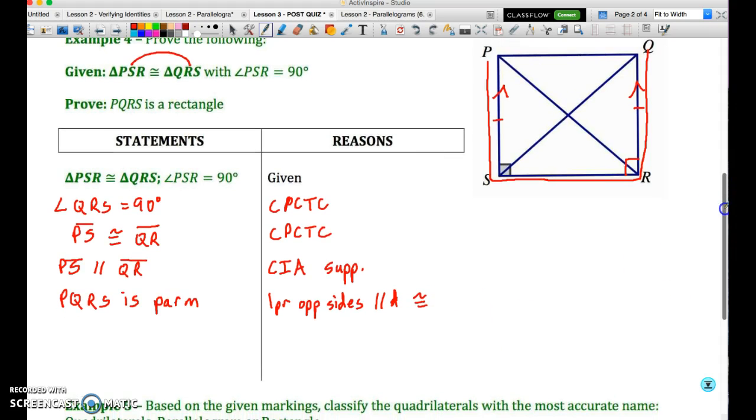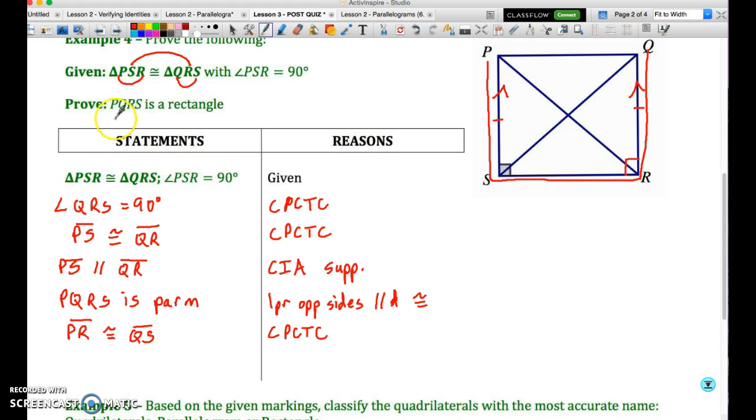And then what I'm going to do is use CPCTC one more time. I'm going to say that segment PR is congruent to segment QS, also because of CPCTC.